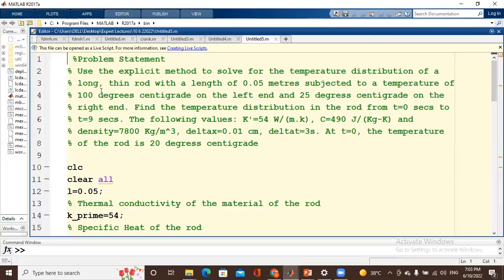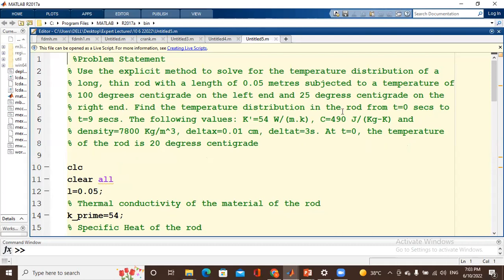Okay. Use the explicit method to solve for the temperature distribution of the long thin rod with length 0.05 meter, subjected to a temperature of 100 degrees on the left end and 25 degrees centigrade on the right end.